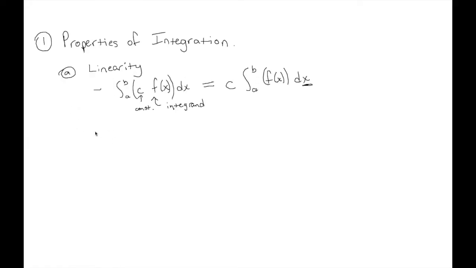And the second part of linearity is that given an integral where the integrand is a sum of two functions, I can split it up, just like in a sum, right? These are built directly from sums, so all the properties that sums follow have to be followed by this.